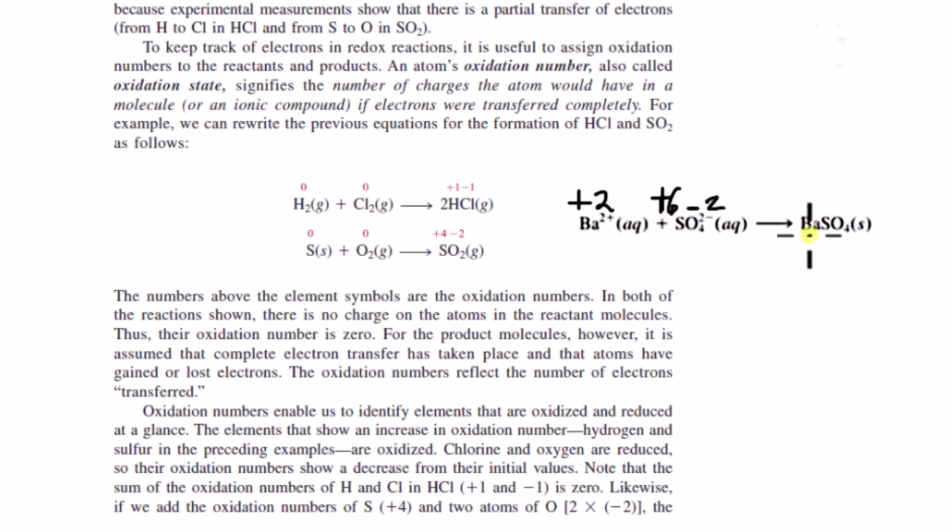And then in the products, you just have here a bond between barium 2+, so this is still +2, and SO4 2-, so this is still +6 and -2 on each of the oxygens. So you can see there you go. There's been no change in oxidation number with respect to any of these elements going from the reactants to products whatsoever. This is not a redox reaction.